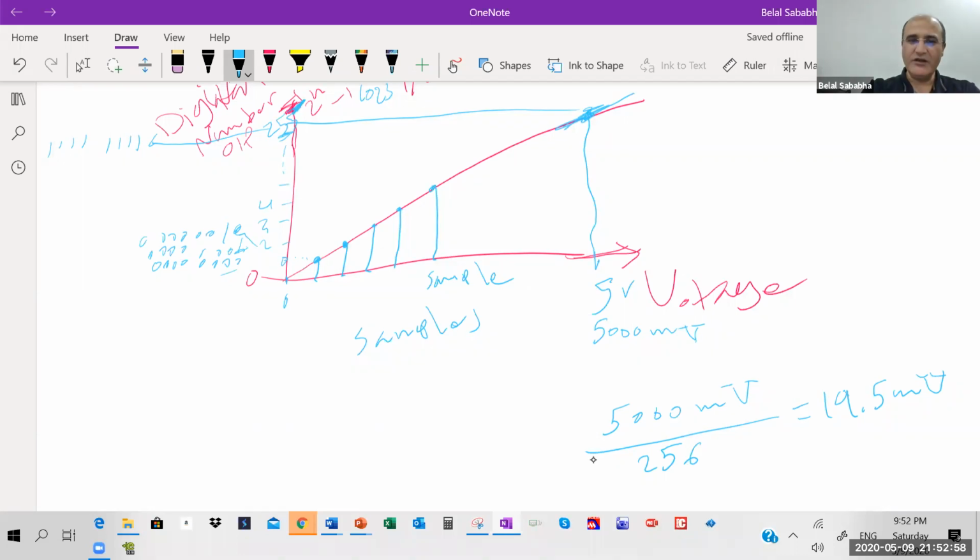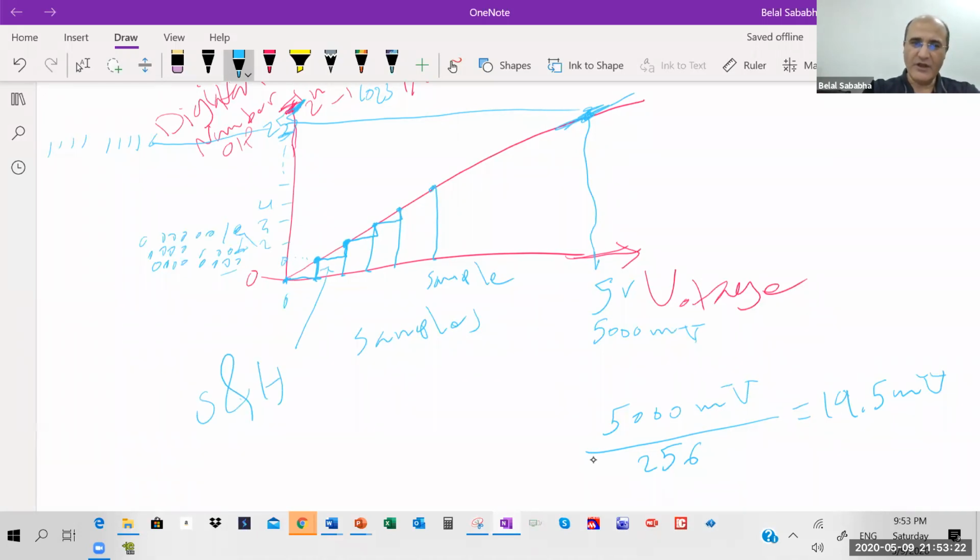The quantization. So a 0 will stay a 0 until the next sample here. Now it's a 1, stays a 1 until we get the 2, 2 until we get the 3. We do the quantization. How does this happen? Using the sample and hold circuit.